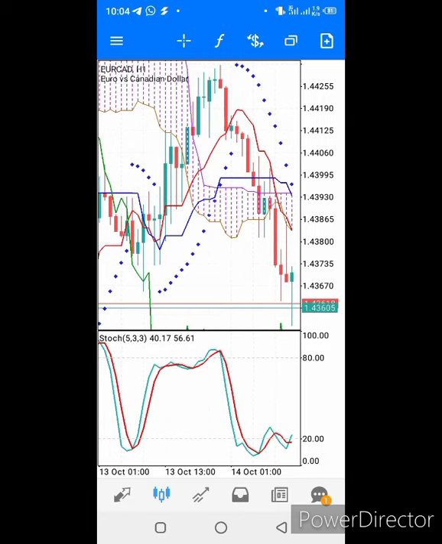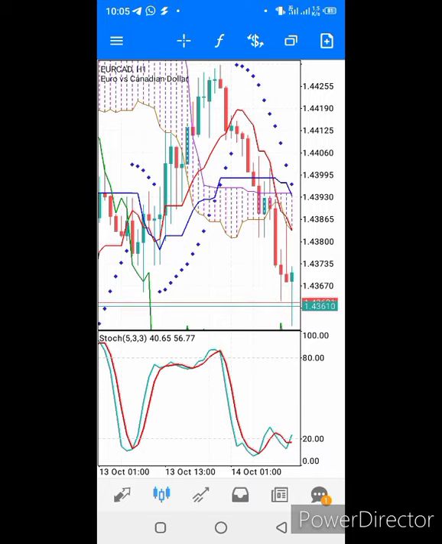Okay, let's look at this place. You can see at this point, it is above the cloud. You can see the last candlesticks, that small green candlestick and the red candlestick at the top.